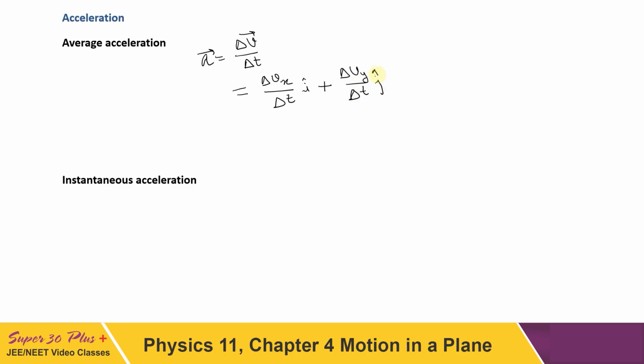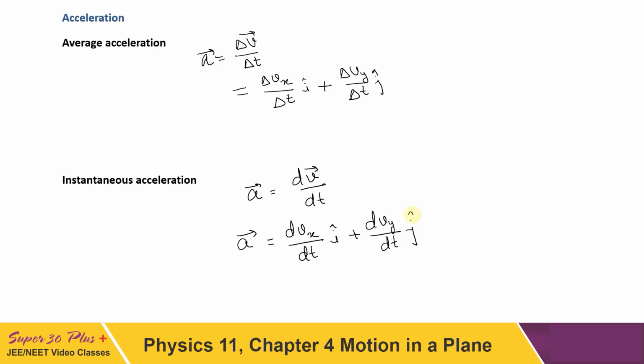So this is the net change in x component of velocity upon time plus net change in y component of velocity upon time. The same is for instantaneous acceleration, which is dv upon dt. If we write in rectangular component form, that would be dVx by dt i plus dVy by dt j.